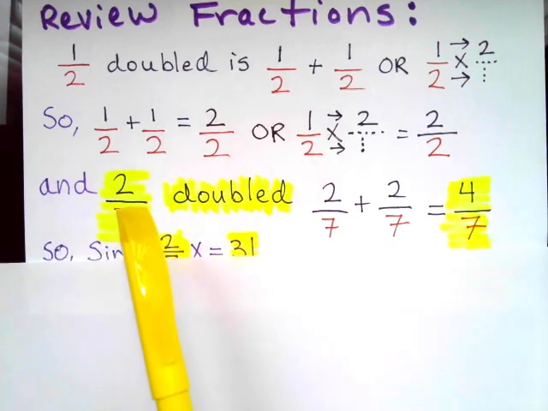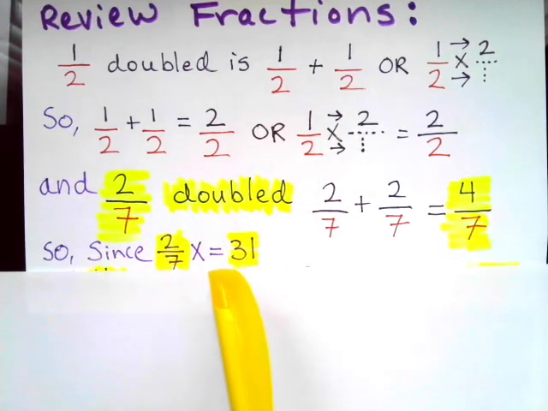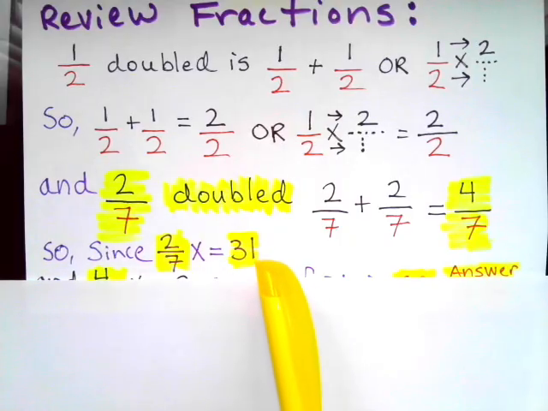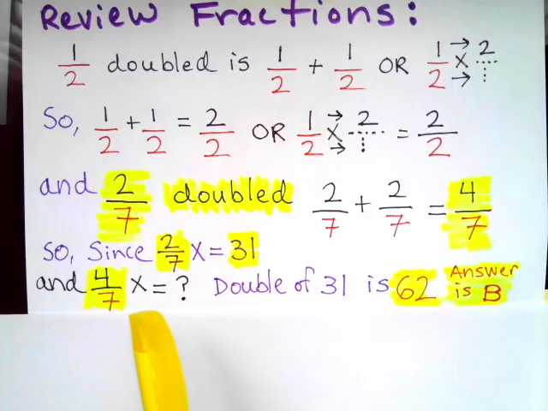And you can see here, if 2/7 is doubled to 4/7, then couldn't we double 31? And so 4/7 of x equals double of 31, which is 62. That answer is B. So this is number theory, really trying to check your understanding of number theory.